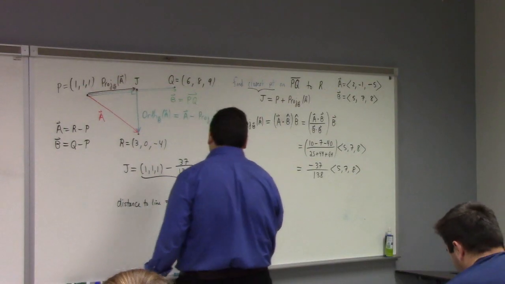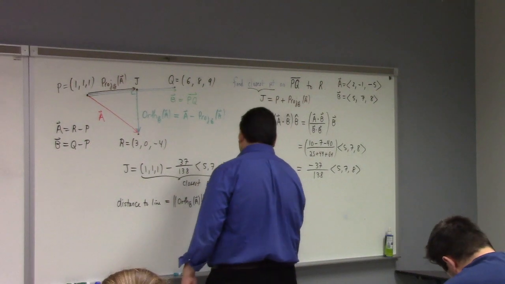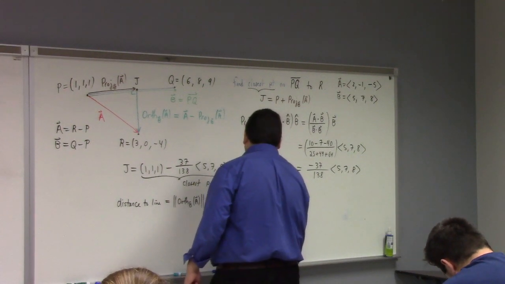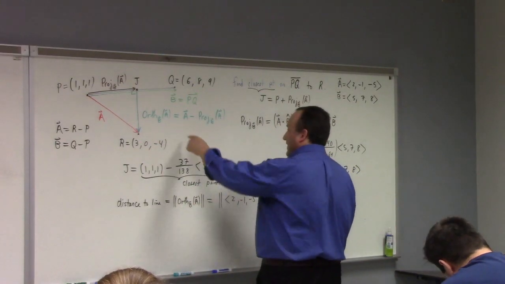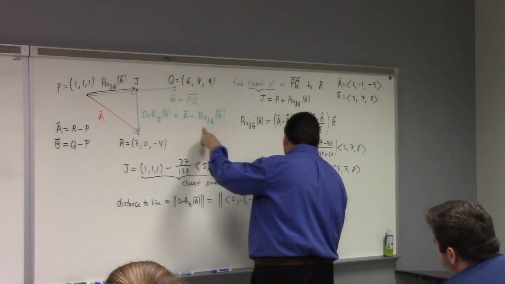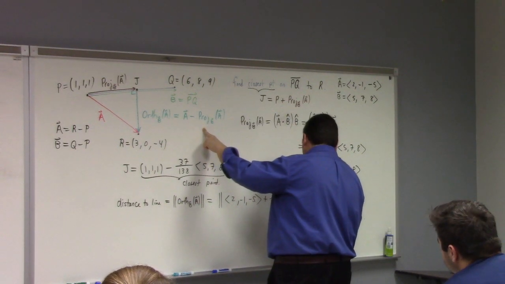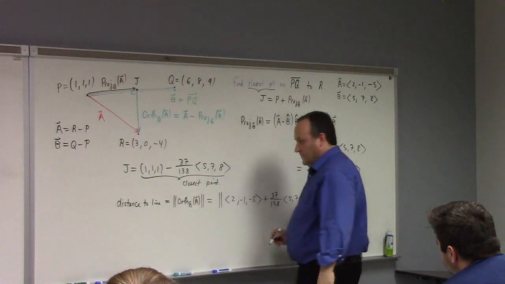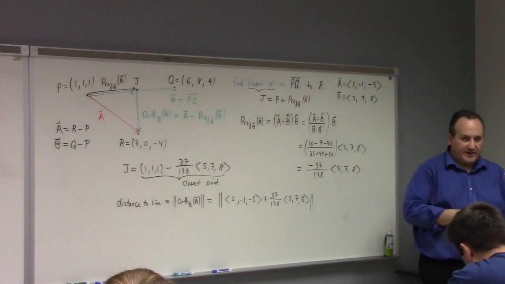Which would be the length of what? A is, what was it? 2 minus 1 minus 5, and then I have to subtract the projection, which is the same as adding 37 over 138 times this thing. All right? So about 3 minutes of calculator work later, I would have the answer, right?